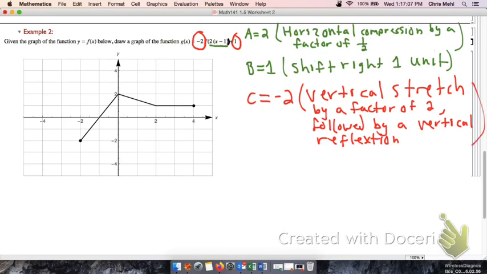Okay, and then lastly, D is going to be positive 1. We are going to shift up 1 unit. Basically, again, all this comes down to is you just have to multiply and add the right things to the x-coordinates, and multiply and add the correct things to the y-coordinates of certain points on the original graph.